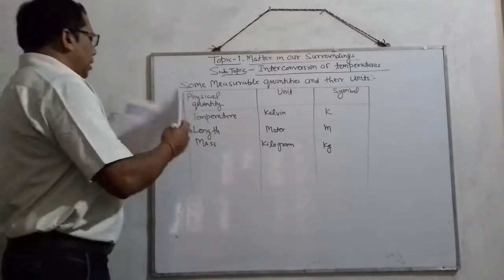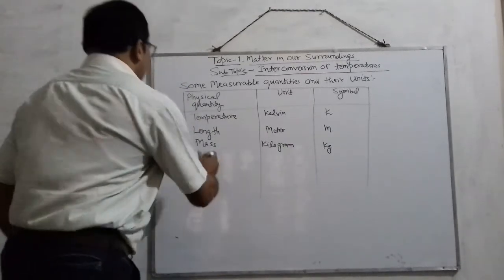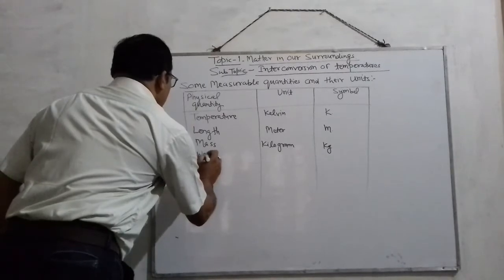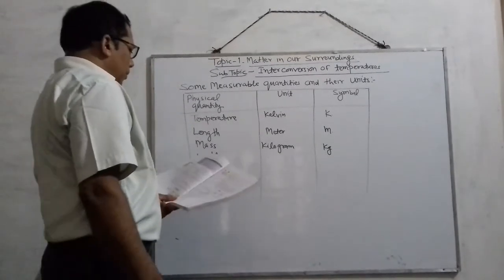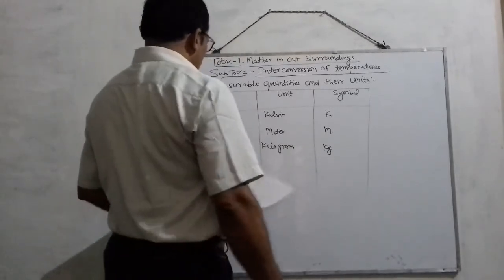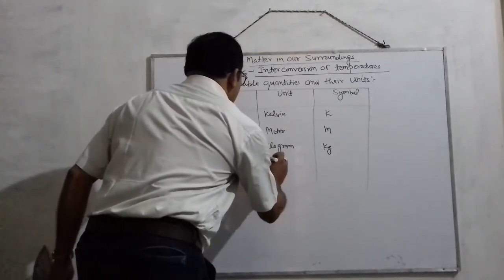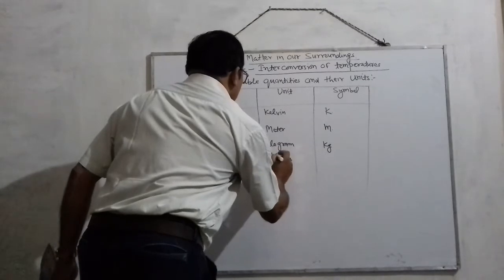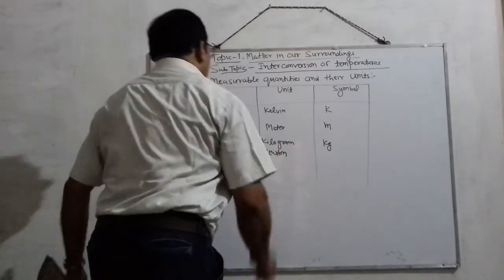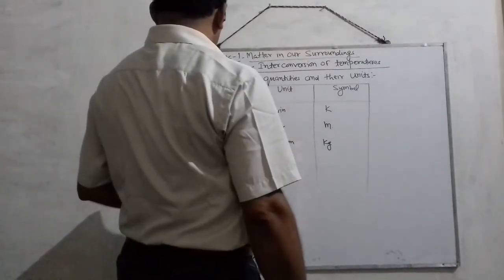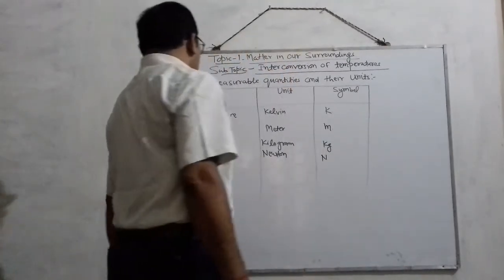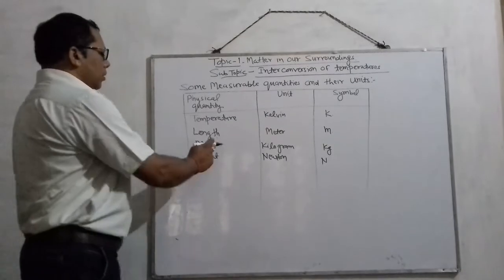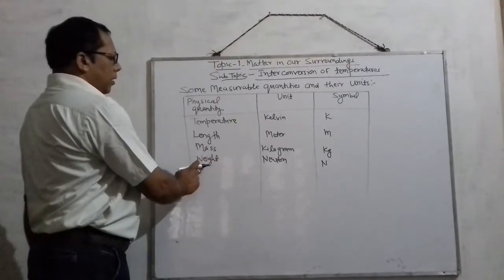Next quantity, children, is weight, and the unit of weight is the Newton. Newton is the unit of weight and it is represented by N. Must remember, this is the mass, this is the weight.